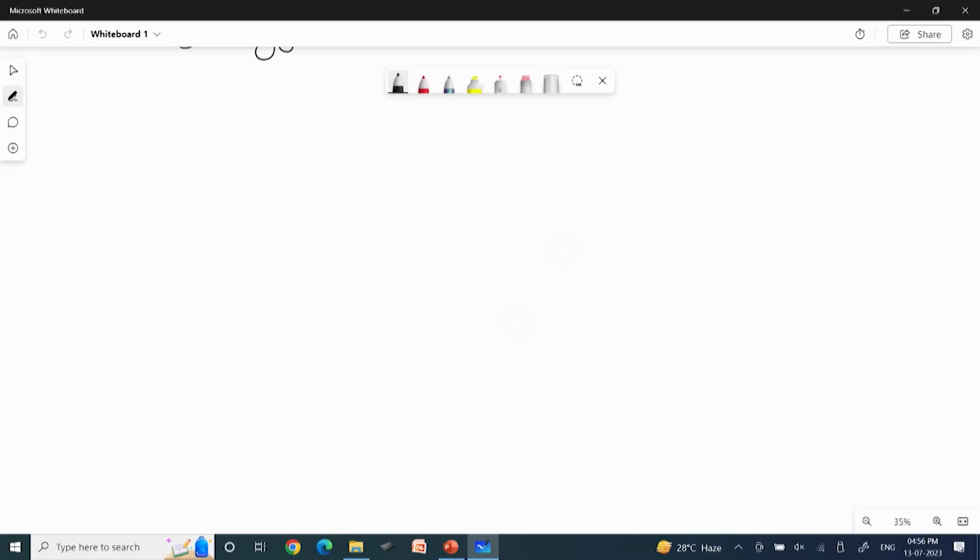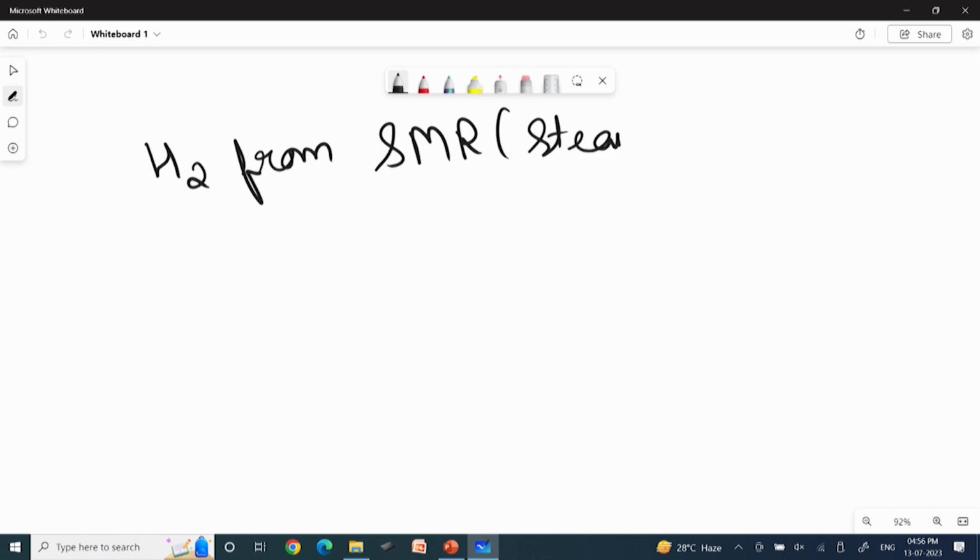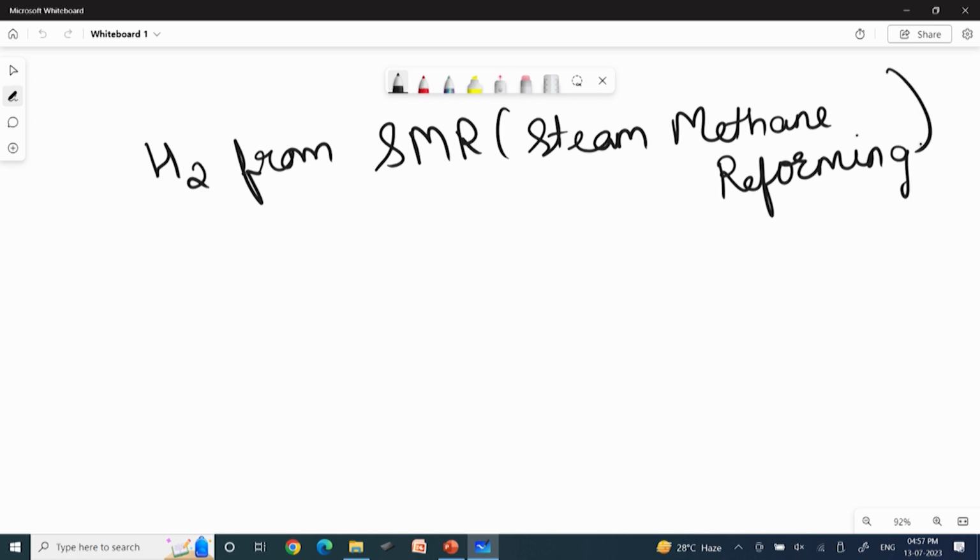So, let us first try to see if I am producing hydrogen from the SMR process. By SMR I mean steam methane reforming. The typical process that occurs in here is that natural gas is nothing but methane.